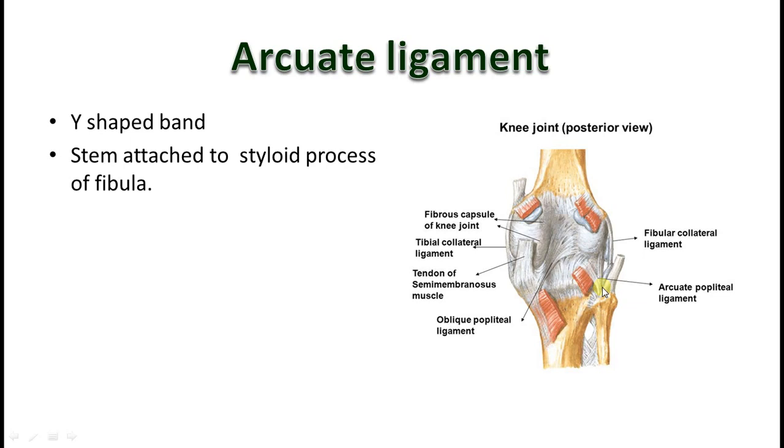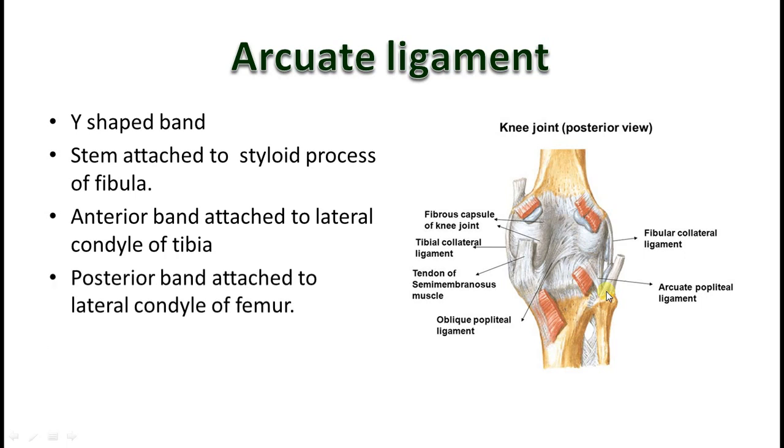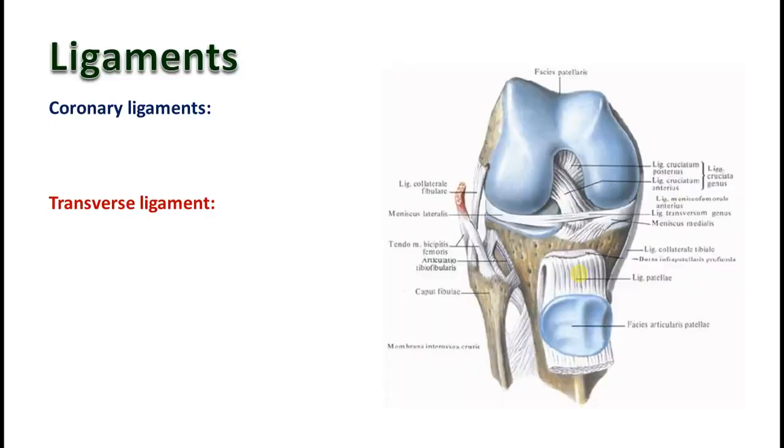Then the anterior band goes to the lateral condyle of the tibia and the posterior band to the lateral condyle of the femur. So this goes to the tibia and this goes to the femur. A Y-shaped ligament, the arcuate ligament, or you can also call it the arcuate popliteal ligament.